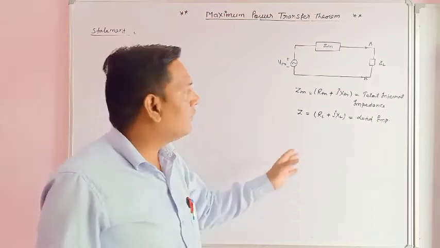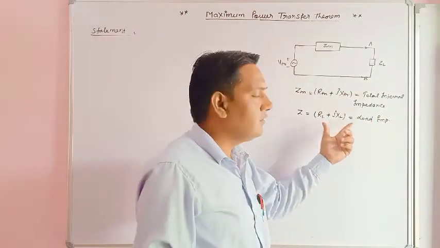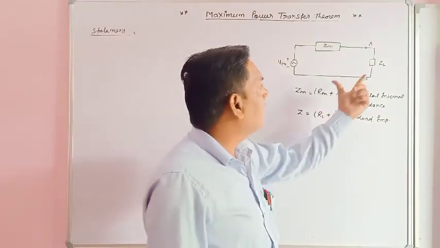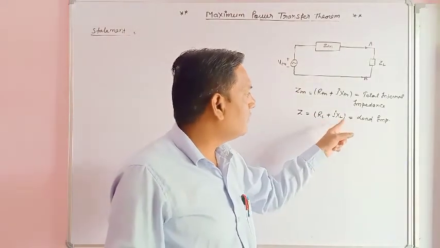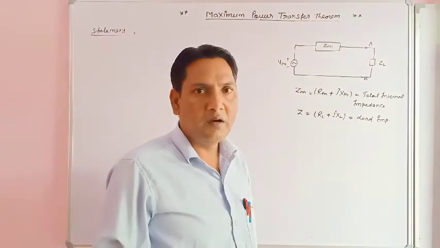If this load is a total impedance type load, RL plus jXL, the condition will be different. It may be that the load consists of only the real value, that is load resistance, and load reactance would be 0. In that case the condition will be different.